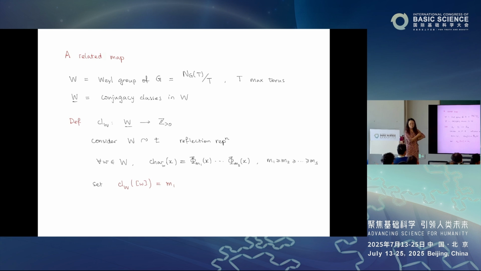I also guess this is the reason we call it the cyclotomic level map. The characteristic polynomial is invariant under conjugation, so this is well defined.